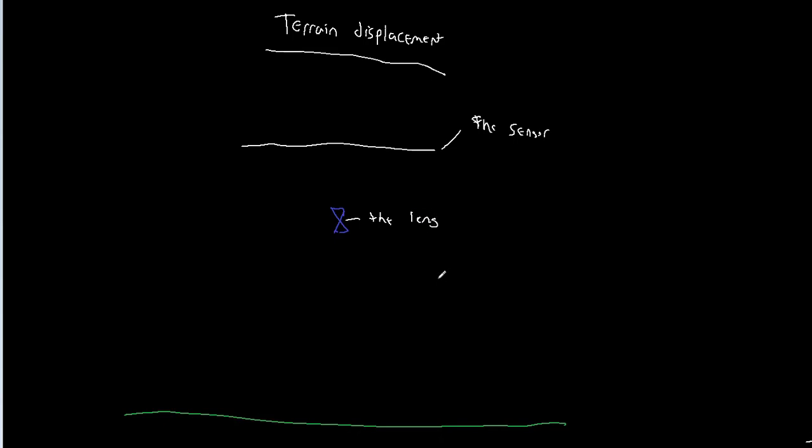It's a little more complicated than that, but you can think of this as the lens that focuses light. And then this is the ground down here. What I want to do is draw two buildings. I'm going to do one in red, directly underneath, or as close as I can draw it, the lens. And then I want to draw another building in gray, a little bit farther away, so it's not directly underneath the lens.